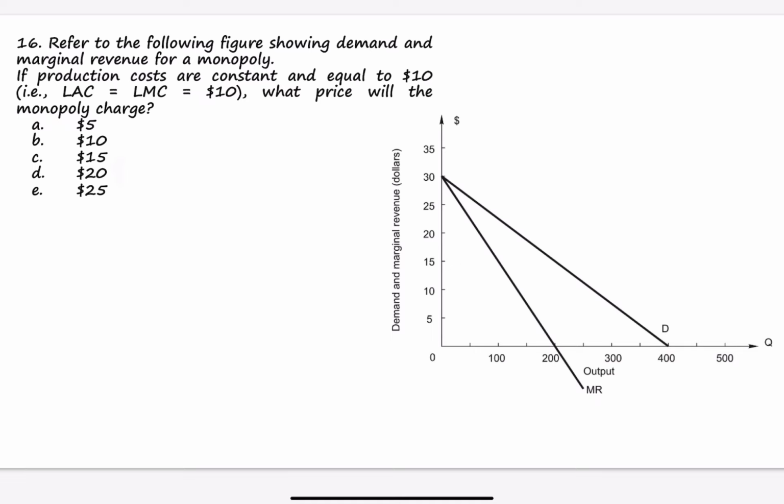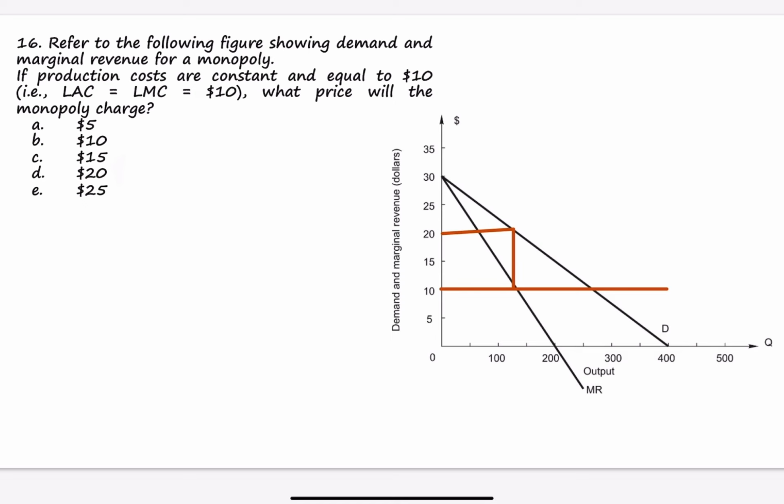16 says, what price will the monopoly charge if production costs are constant and equal to $10? So we are going to have our line here. And then we're going to take this all the way up to our demand curve.